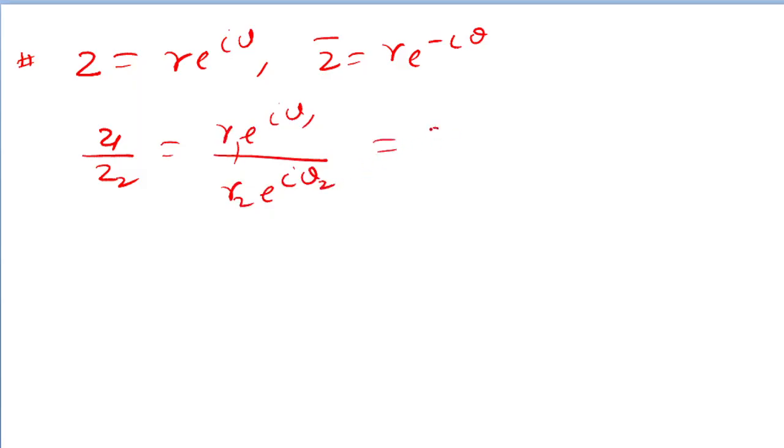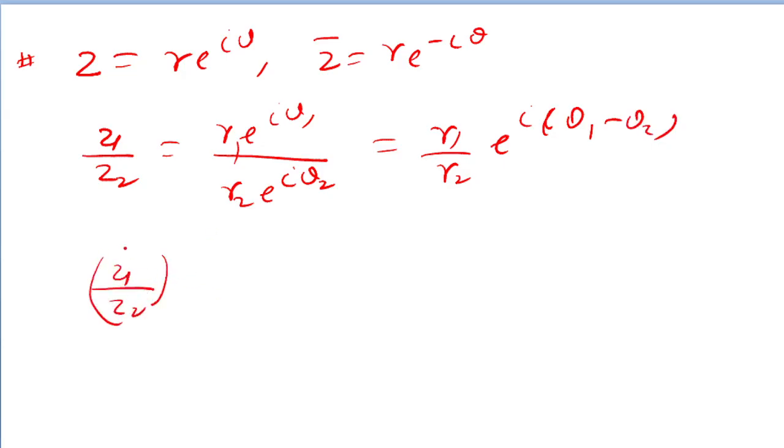So this is r1 upon r2 e to the power i times theta 1 minus theta 2. So what is the conjugate of z1 by z2? I will replace i by minus i, so it will be r1 by r2 e to the power minus i times theta 1 minus theta 2.